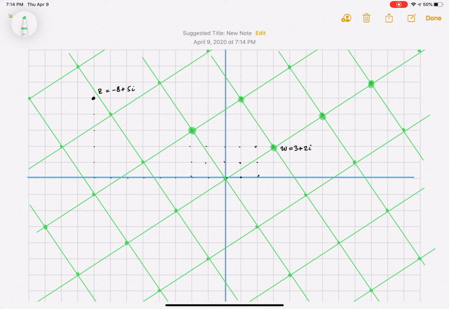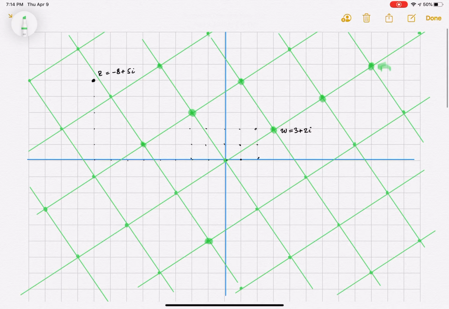Here is w plus iw, meaning 1 plus i times w. Here is negative 1 plus i times w, etc., etc. So these green dots are the ideal generated by w. Yeah, that's the picture of the ideal generated by w.